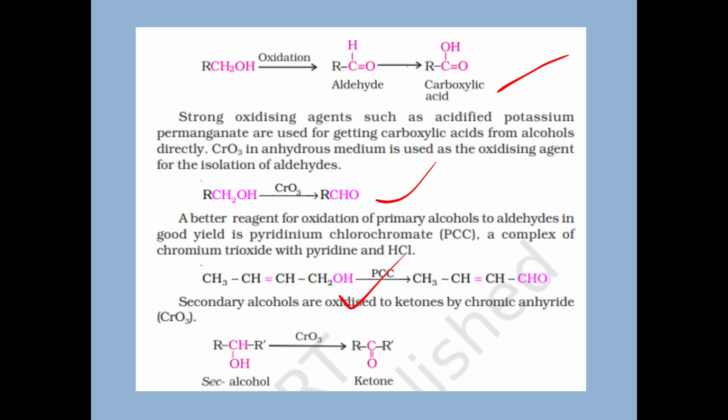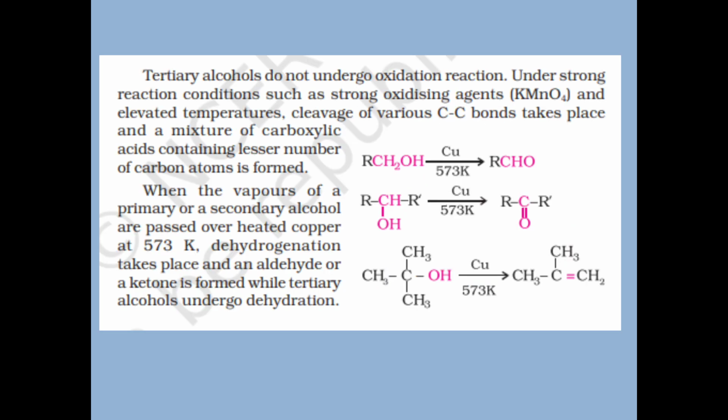If we give PCC, this double bond will not be oxidized and the alcohol will be oxidized to aldehyde. If the secondary alcohol is oxidized with CrO3, it will be converted into ketone. The tertiary alcohol does not undergo oxidation reaction.